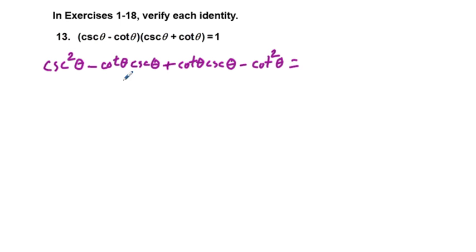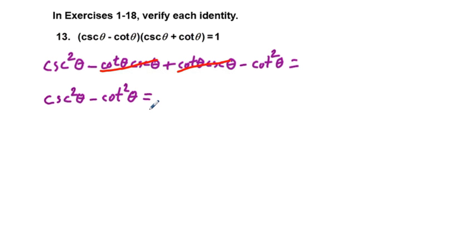Okay, and we should notice, and we could have from the beginning, that we have a kind of a difference of squares going on, where the negative cotangent theta cosecant theta cancels out the positive cotangent theta cosecant theta, and what we have left is cosecant squared theta minus cotangent squared theta, and that's supposed to be equal to 1.